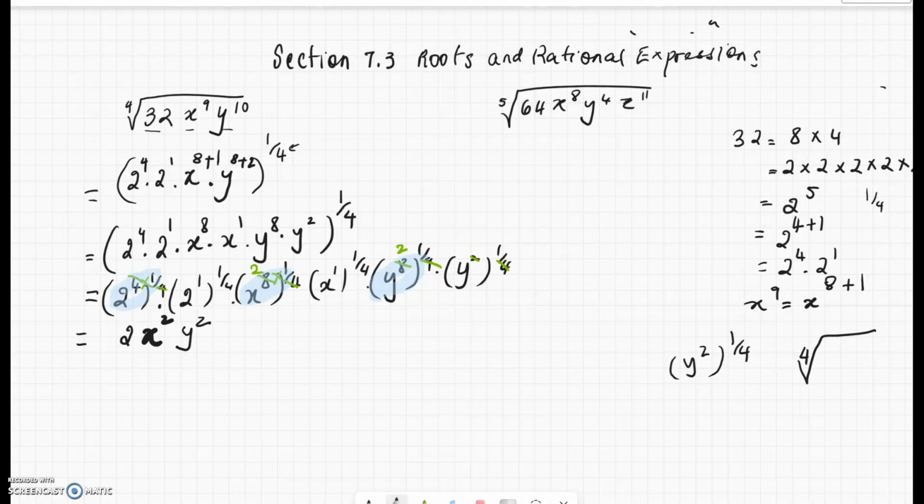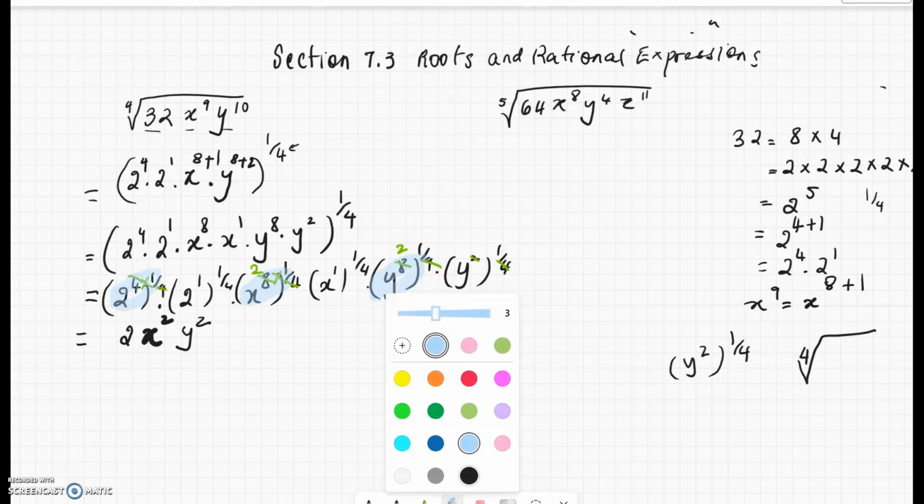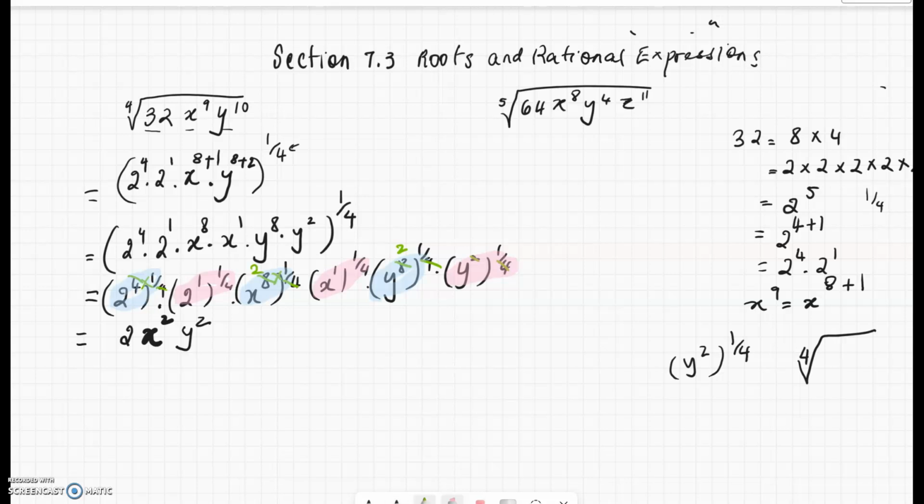And now I'm going to write down all the terms that have fractional exponents, the pink ones, and that is 2 to the 1/4, x to the 1/4, y squared to the 1/4.